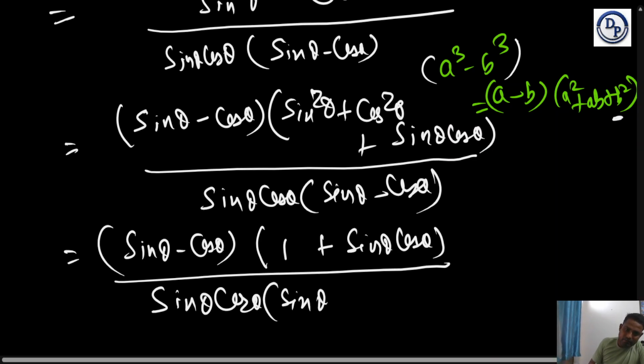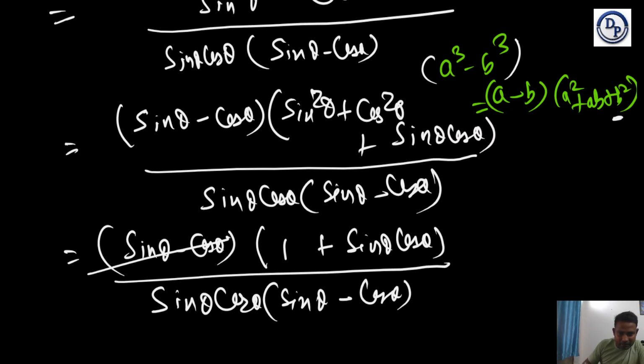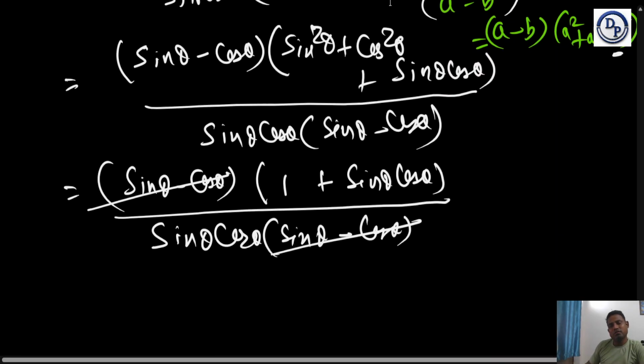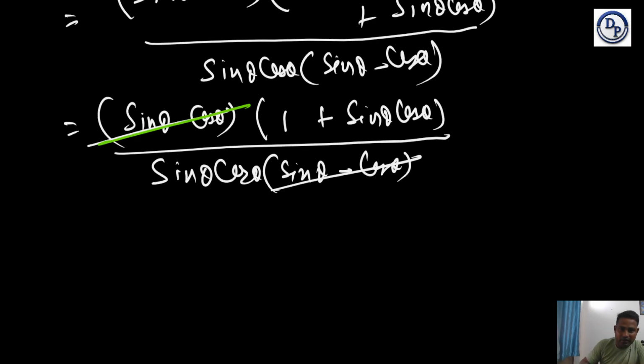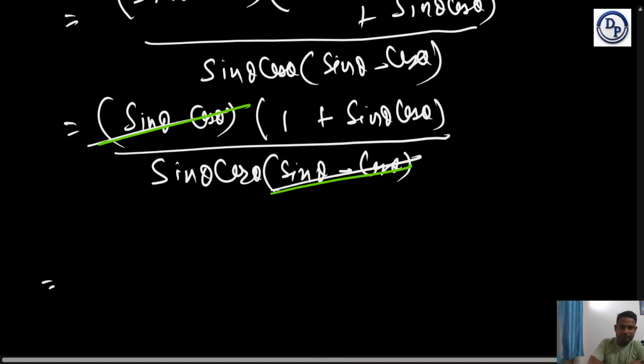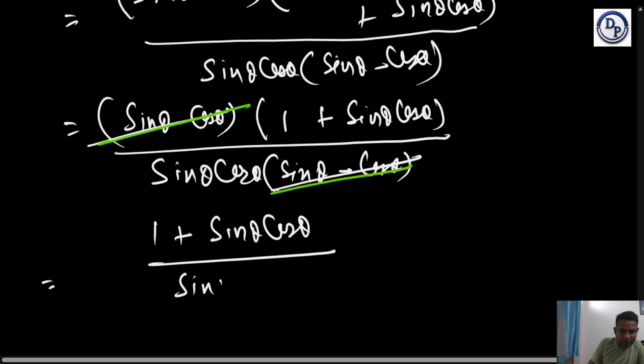This is sin theta minus cos theta. You can see sin theta minus cos theta gets cancelled, so we have cancelled this too. I can change the color as well like this. Now they are cancelled. Now what we are left with is 1 plus sin theta into cos theta divided by sin theta into cos theta.